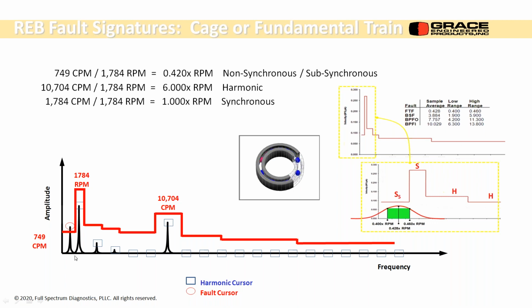In my example at 749, I divide by running speed and get 0.42, so I'm within the 0.4 to 0.46 range. Chances are that's a cage frequency showing up in my spectrum.